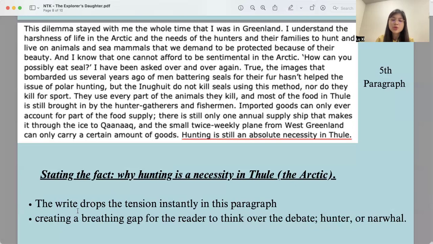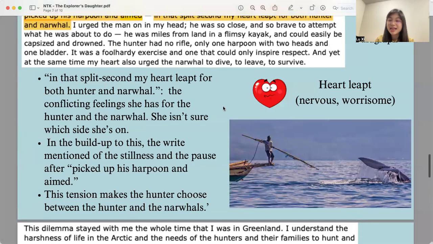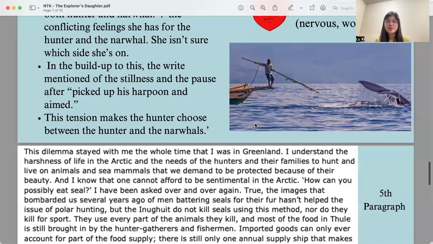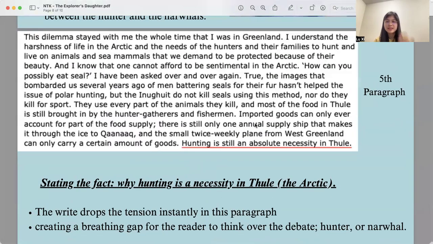Remember, in the last paragraph, the hunter was saying that her heart leapt. It was very tense. But then in the following paragraph, suddenly the author was trying to say something in a factual tone. So it's also a contrast between tension and relaxation.